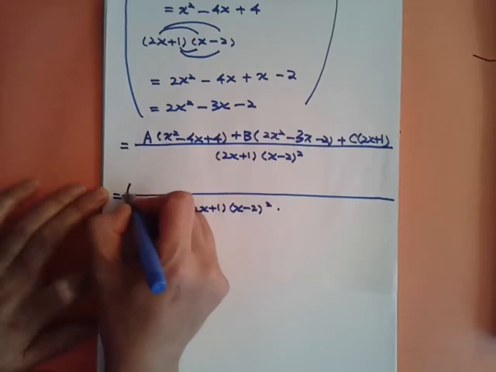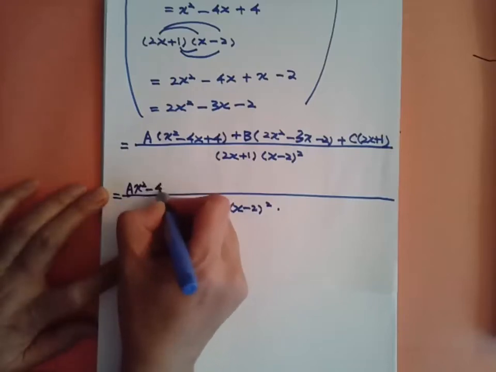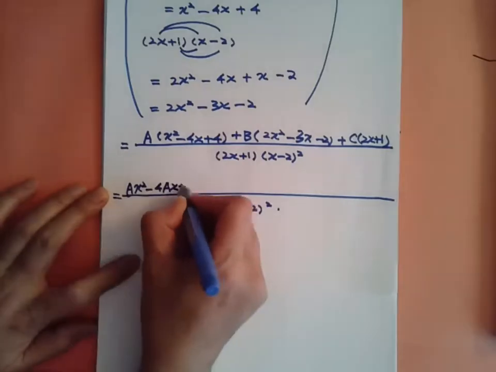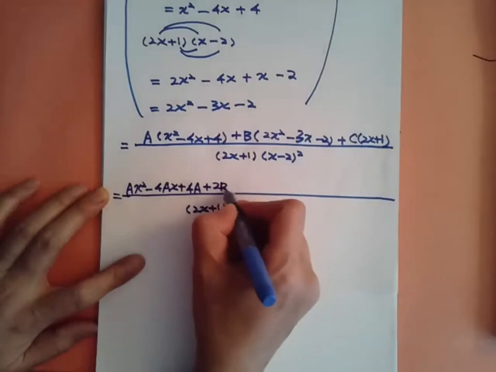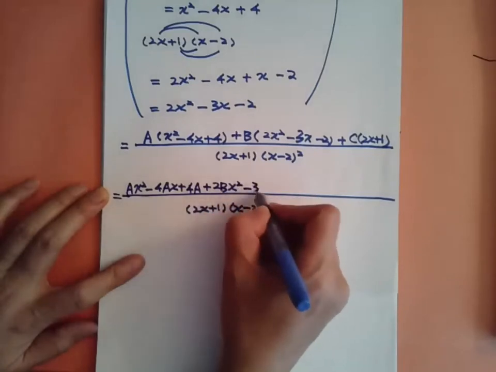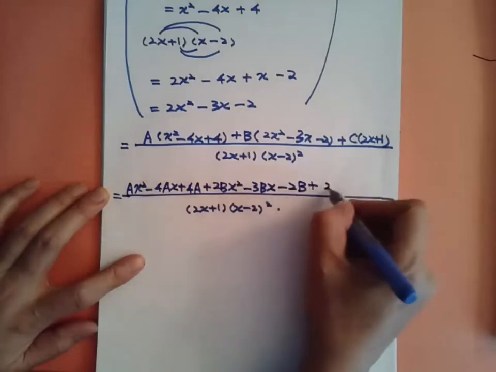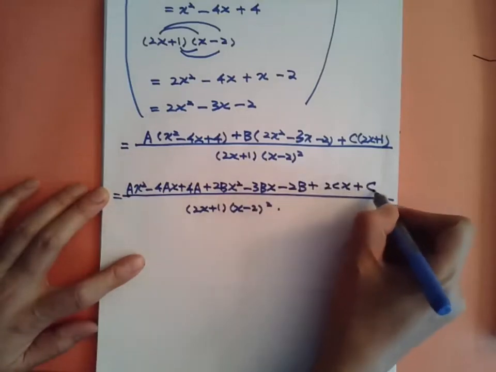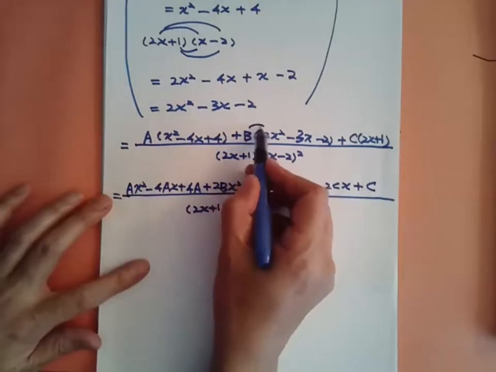Otherwise, you will be confused. So a x squared minus 4a x plus 4a plus 2b x squared minus 3b x minus 2b plus 2c x plus c. So I just did distribution.